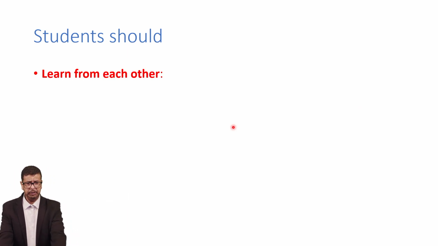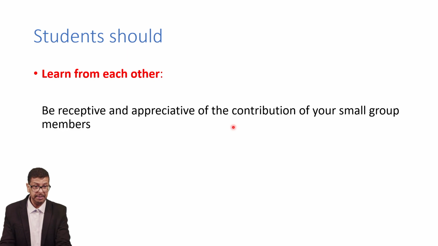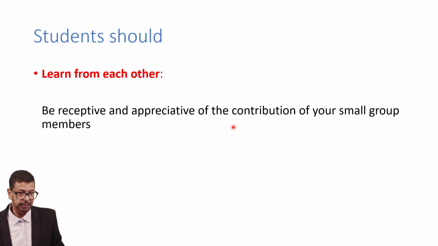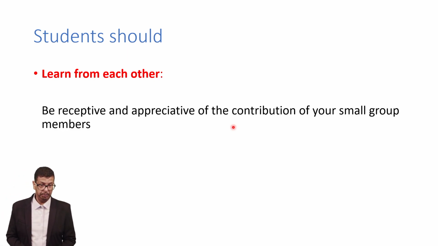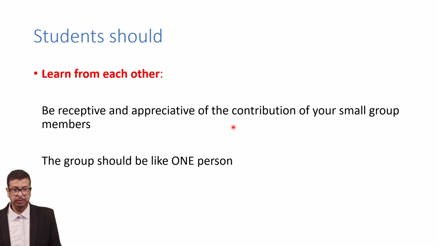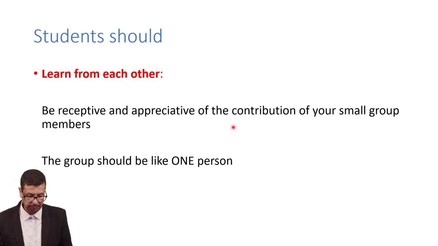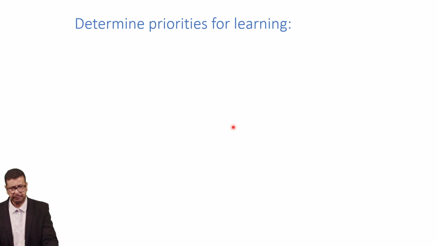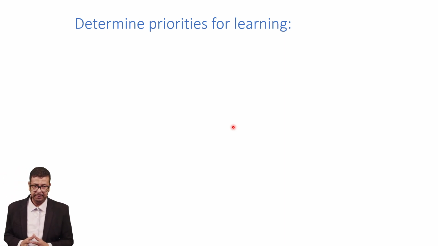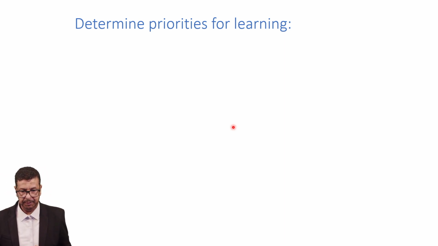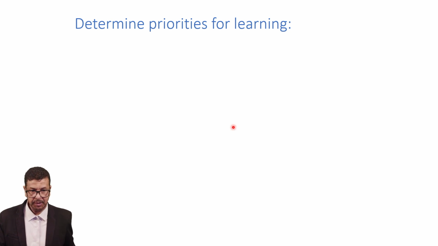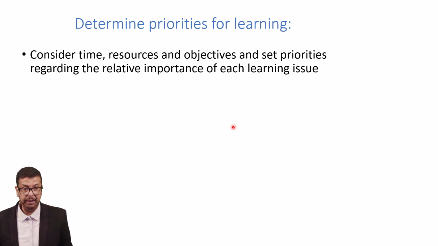So you should learn from each other. You should be receptive and appreciative of the contributions of your small group members. And the group should act as one person in problem-based learning. It's very important. The end step, or end jump, in session one is to determine priorities for learning.